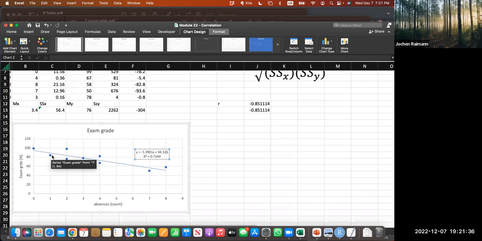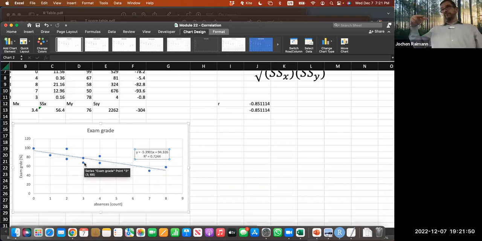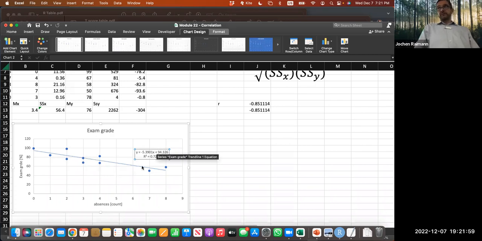That error lowers your R squared because you're explaining less and your error is larger and your prediction is not decreasing much of the error if there's a lot of variability. If it predicts it very nicely, then you have a very large R squared. So this is actually a surprisingly large R squared.